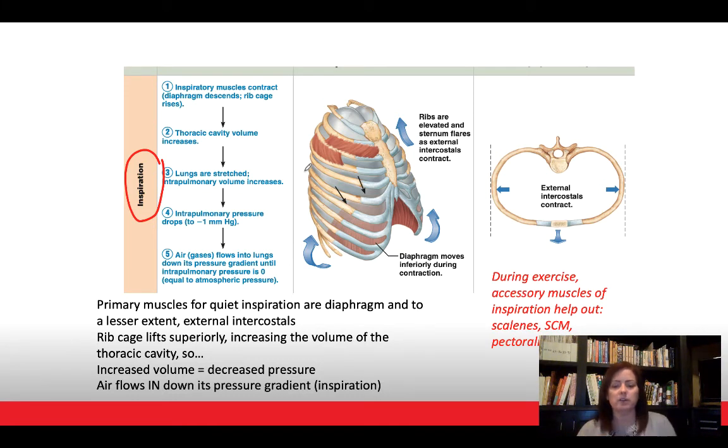So what happens here is that our prime mover for inspiration is our diaphragm. Okay, so remember that we had that dome-shaped muscle that separated thoracic cavity from abdominal pelvic cavity, right? And so what happens when you breathe in, the diaphragm, instead of it being dome-shaped, which it is at rest, it actually flattens out a little bit.